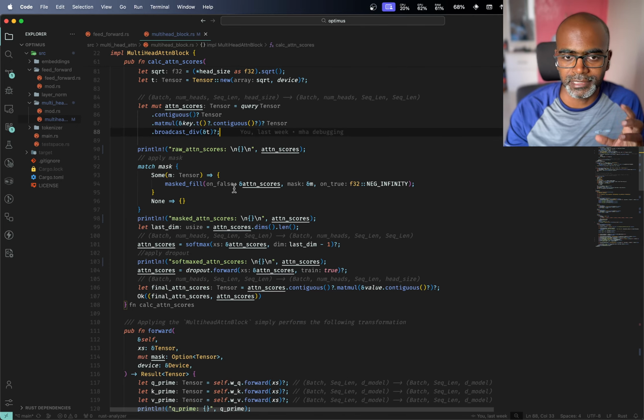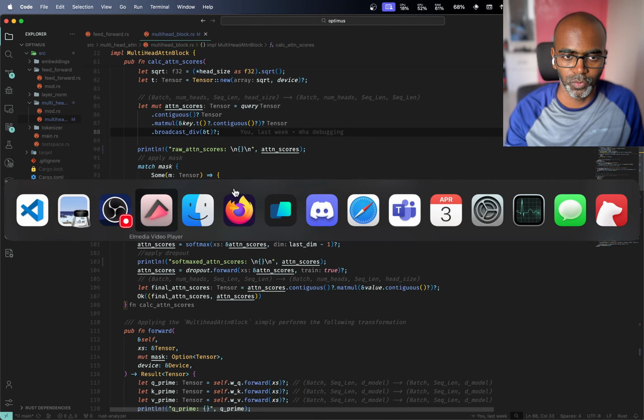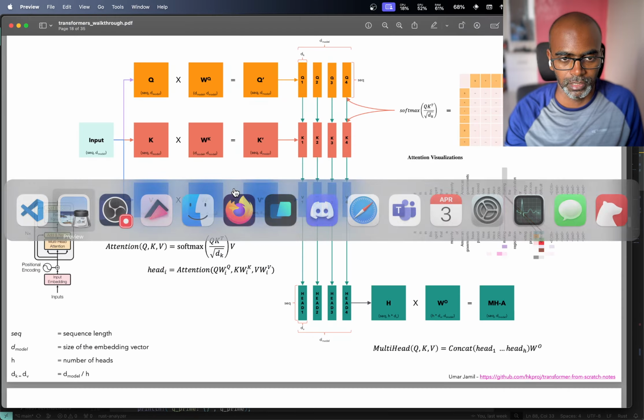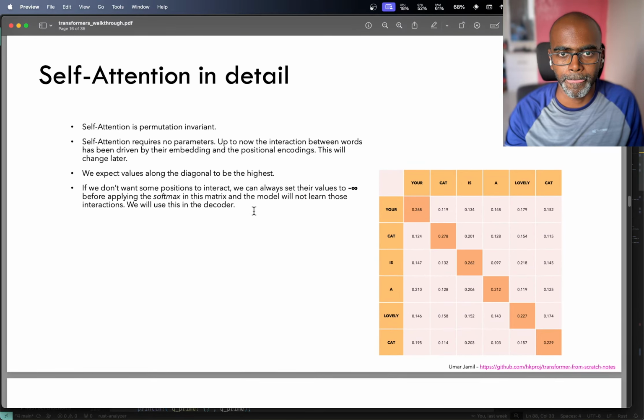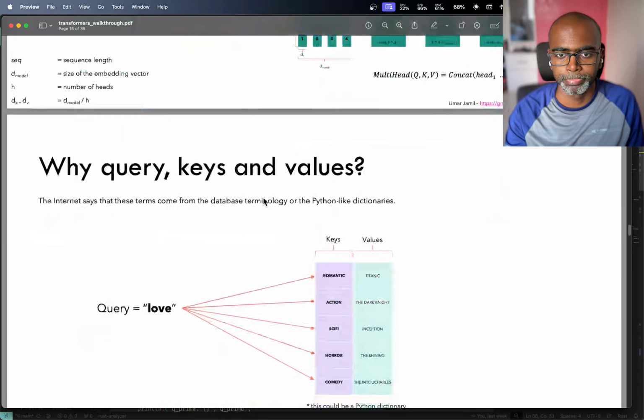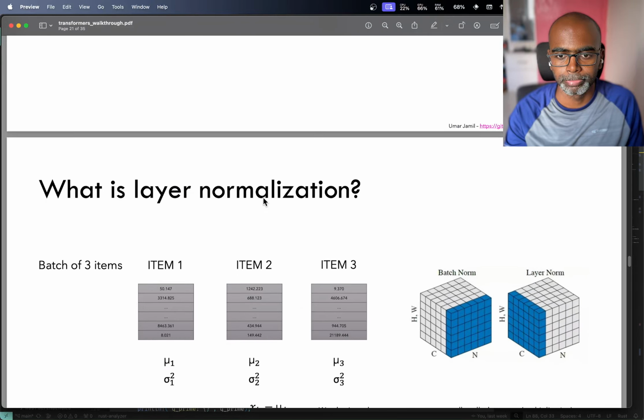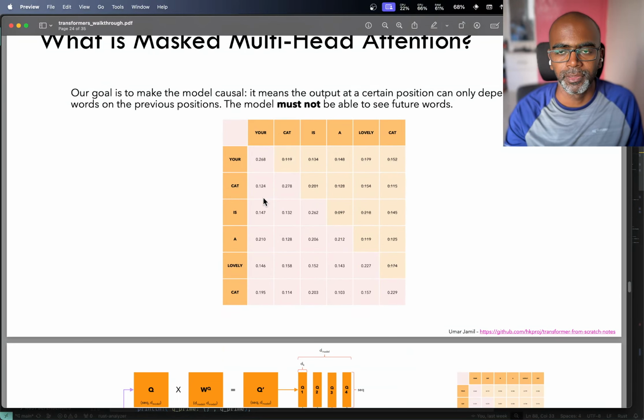And then there's another mask concept. We haven't touched this, but let me quickly go over it.